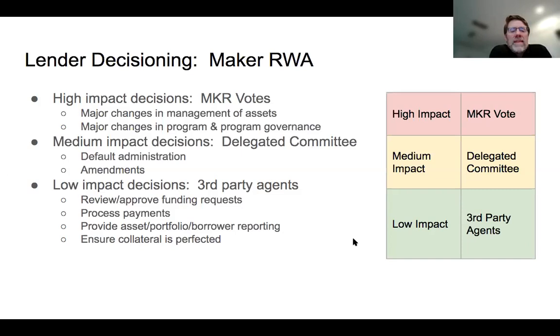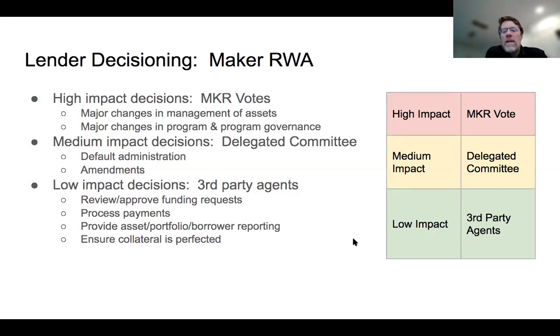Then medium impact decisions. What are these going to be? And we'll talk about more on the next page about who will be in a delegated committee potentially. Default administration. If things start going sideways, how you're going to work out of it. The maker token holders are going to ultimately have to make some decisions. If there's a workout and they're going to take a haircut and lose money, they would have to approve it.